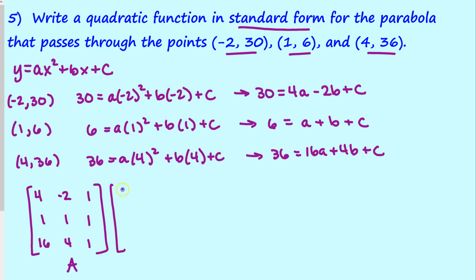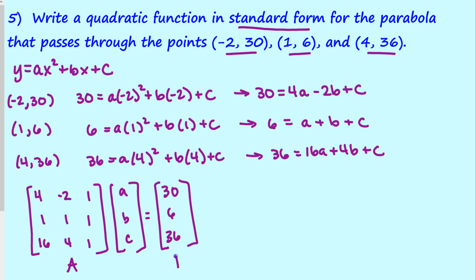And then I have my variable matrix a, b, c. And then I have my constant matrix, 30, 6, and 36, and that's matrix B. And to solve for a, b, c, we're going to take A inverse times B on a calculator.